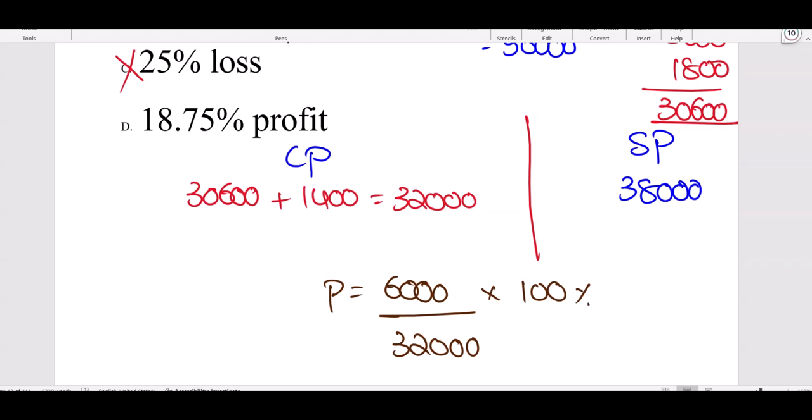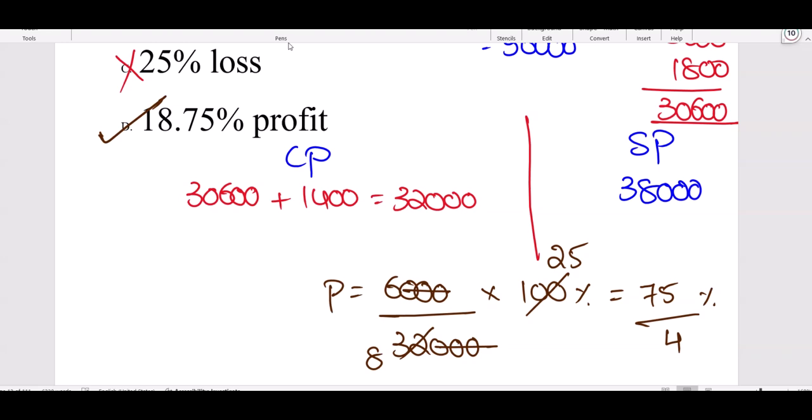Now you cancel all those things. Still, 25 times 4, sorry, 425 times 4, 8 times. 150 divided by 8, which is 75 divided by 4, which is nothing but 18.75 percent. Profit only.